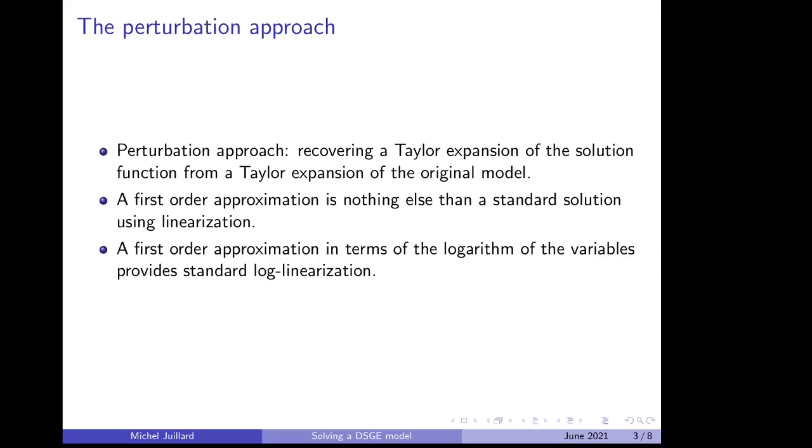You may remember from your analysis classes that a Taylor expansion is an approximation of a function in terms of its successive derivatives. So a Taylor expansion of order 1 will only mobilize first order derivatives. At second order, we will add second derivatives, and so on.